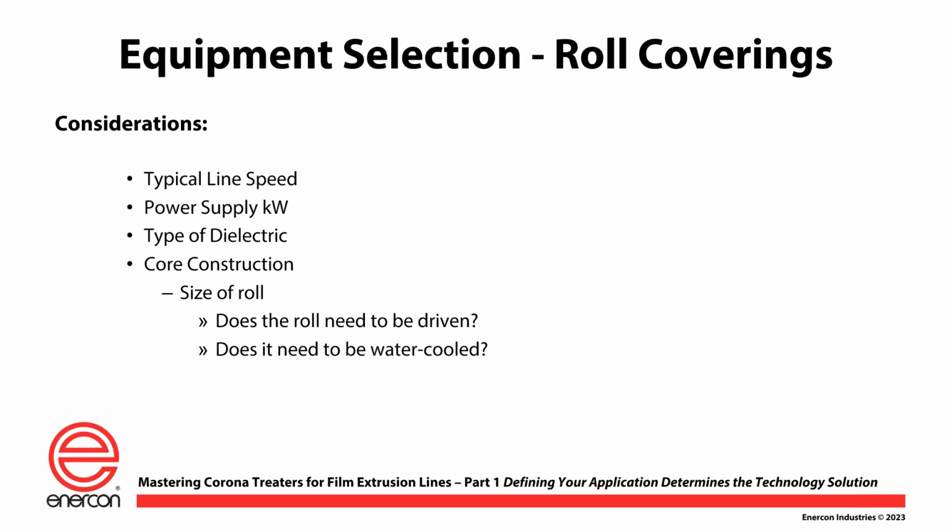Furthermore, this line speed value, because it is so important in the size of the power supply, right? It dictates the size of the roll, and then further also dictates what kind of insulator is going to go on the sides of that roll, which dictates the economics of the treater.